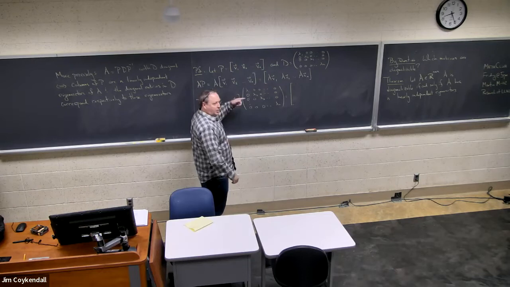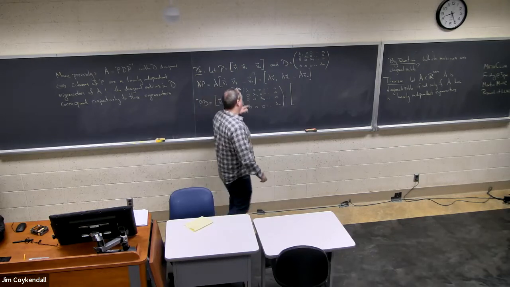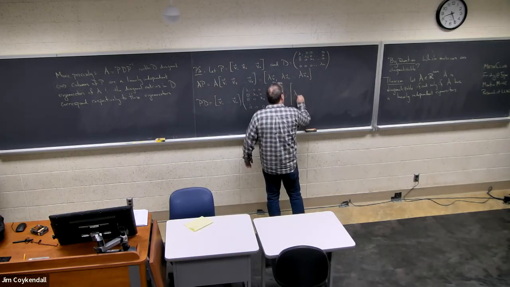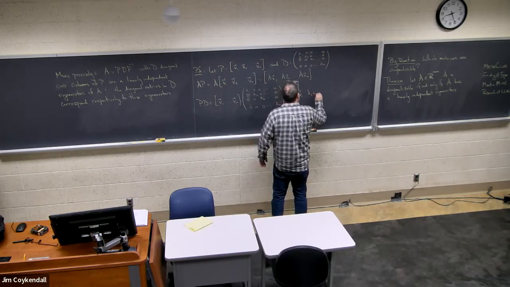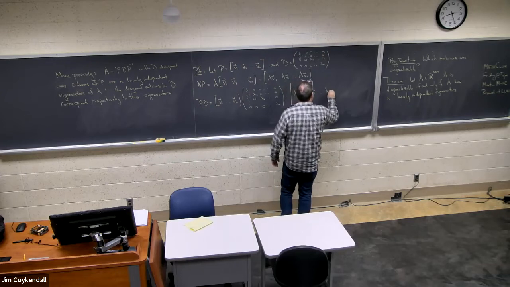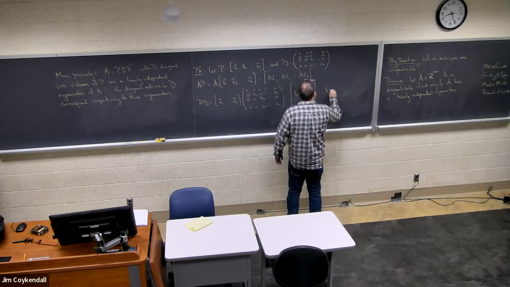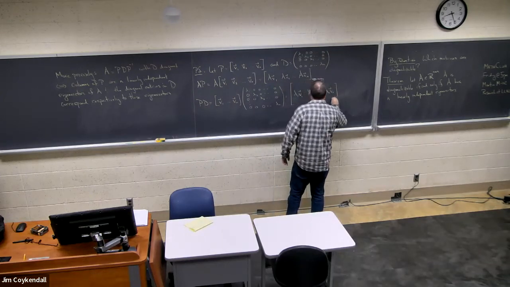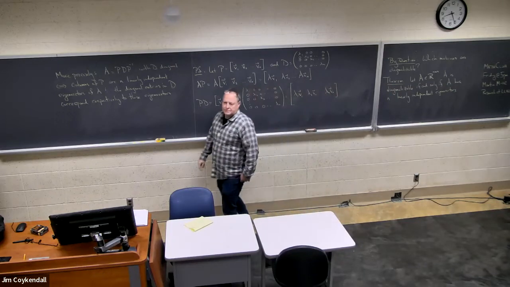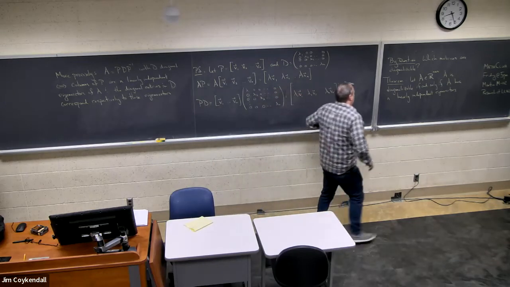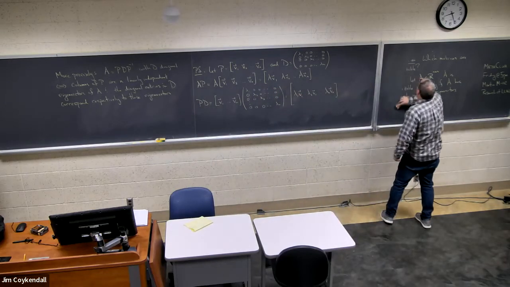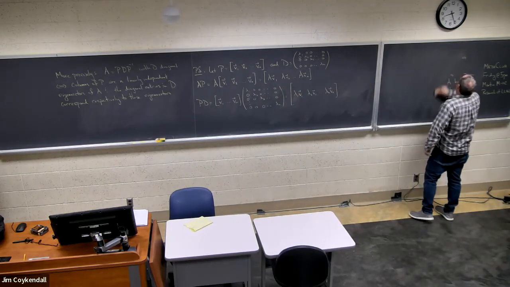What happens when I multiply this through? Well, this has columns that look like this. So, what does that tell me?